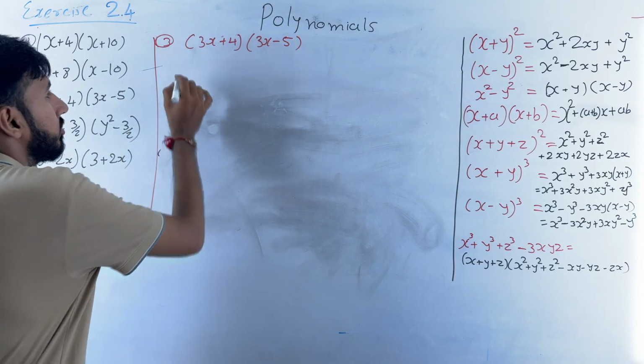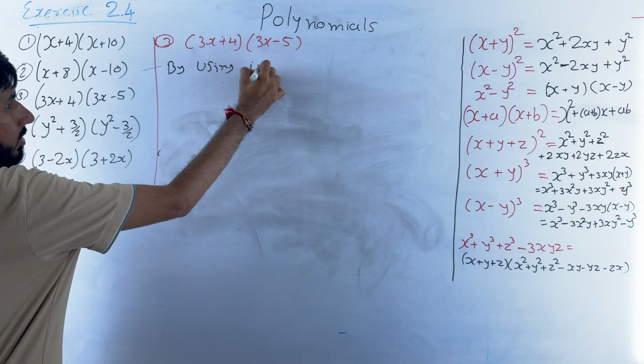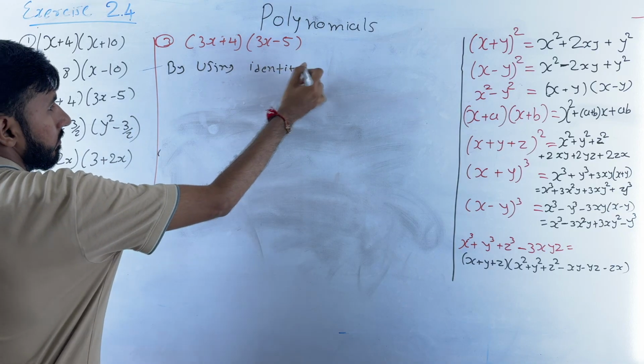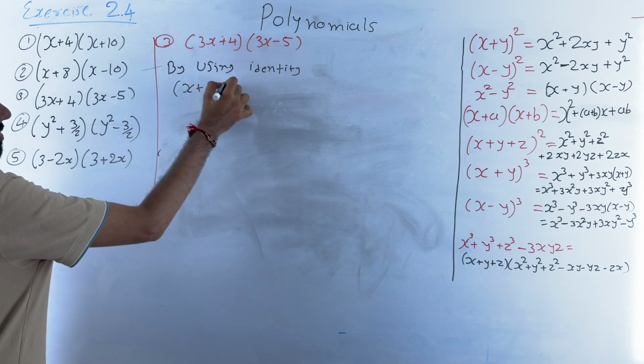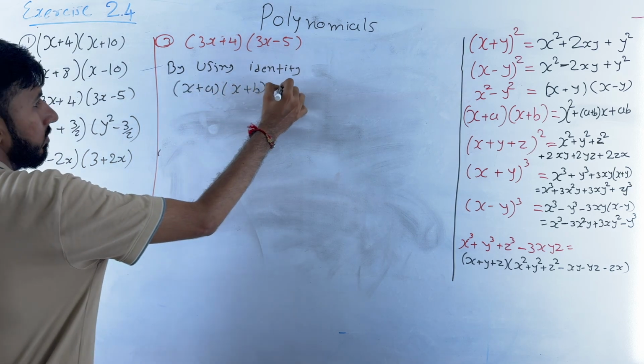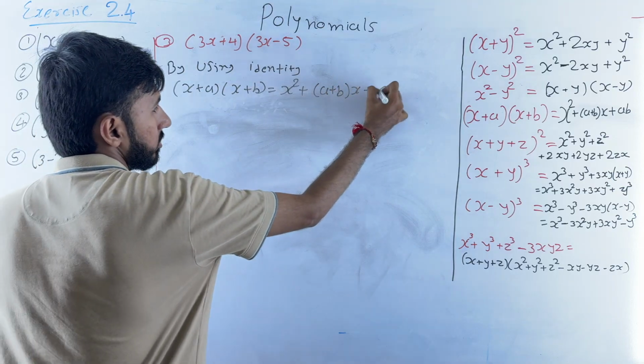Very simple, right? So by using the identity, let me write it here: (x plus a) multiplied by (x plus b) is equal to x square plus (a plus b)x plus a into b.